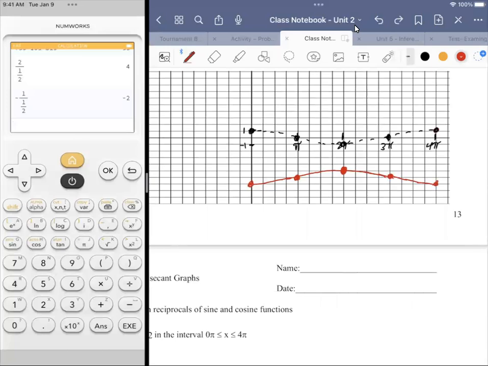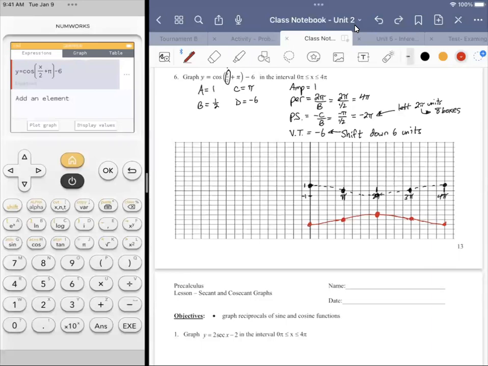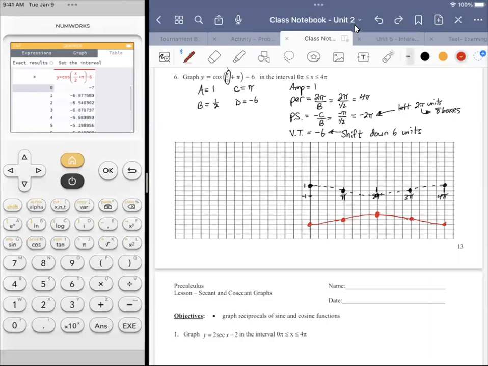If you go to the table, I'm going to put this function in. So this was cosine of x over 2 plus pi, minus 6. I put that in and then go to the table. Now these numbers are hideous, but they aren't really relevant.